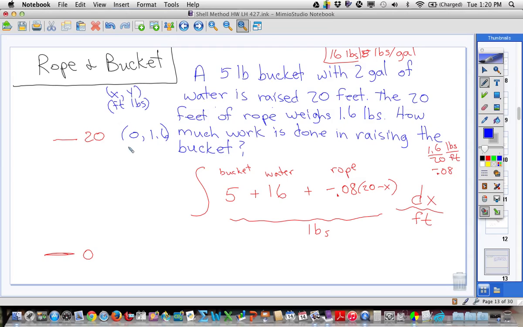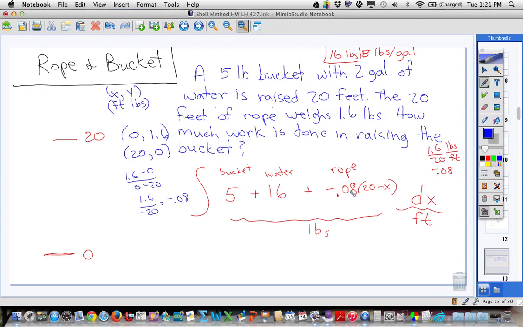At the end, we've pulled up 20 feet, and it weighs 0. Now just do an equation using those 2 points. So you do a slope, so it'd be 1.6 minus 0 over 0 minus 20. So you get 1.6 over negative 20, which is negative 0.08.